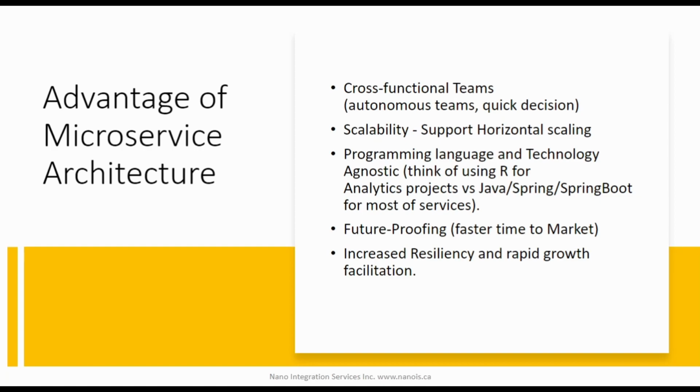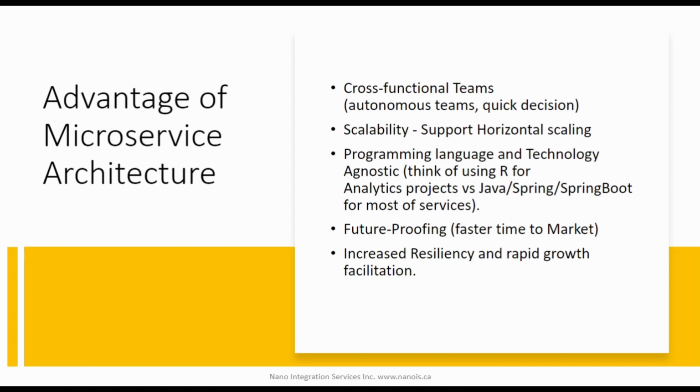Programming language and technology agnostic, because each team is working on their own domains, so they can pick and choose whatever technology best fits the purpose. For example, if there is one order related team, then they can choose to go with the stack of, let's say, the Java technologies such as Spring, Spring Boot, Spring Cloud.